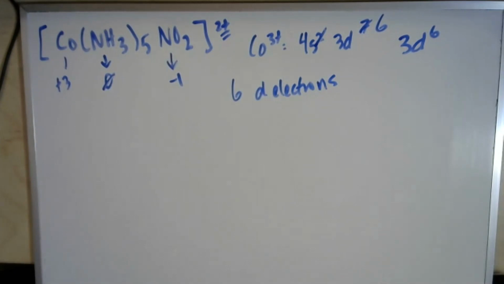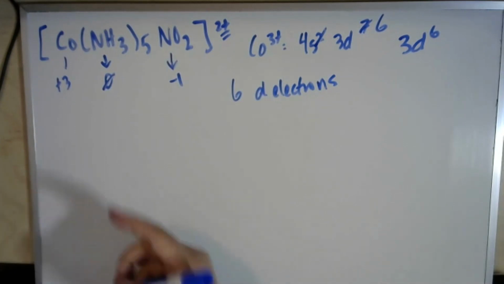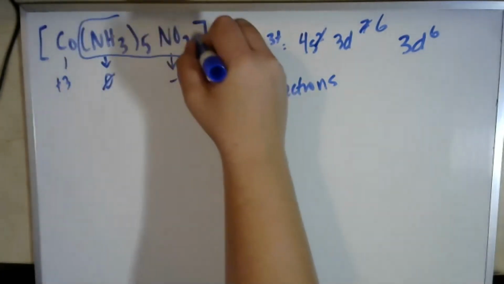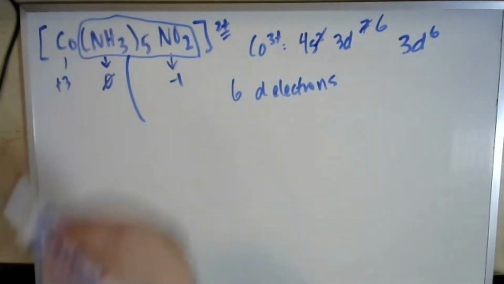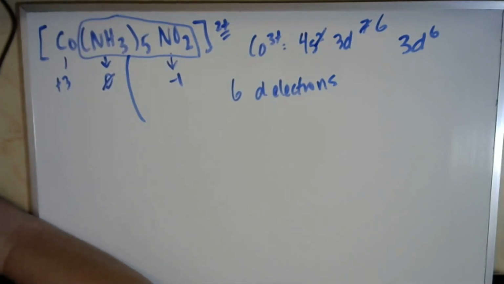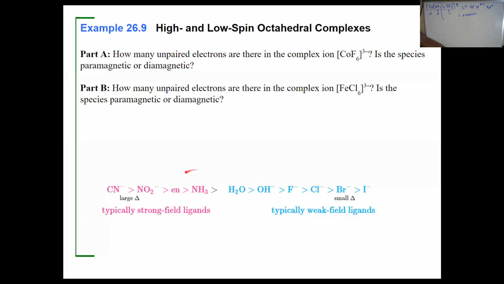All right. What we have here in terms of our ligands, we have NH3 and we have NO2. If we look back at our list, NH3 is a strong field ligand.